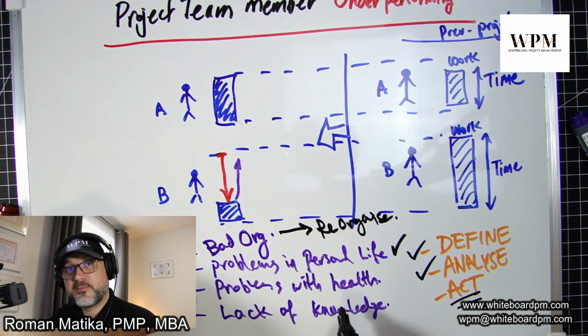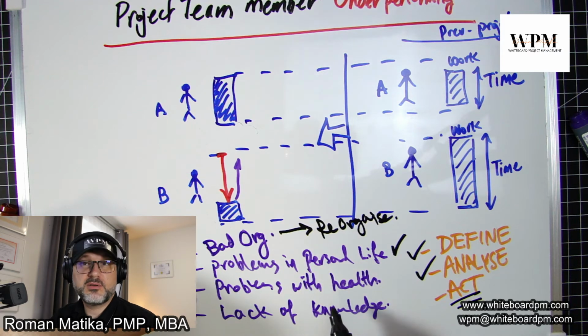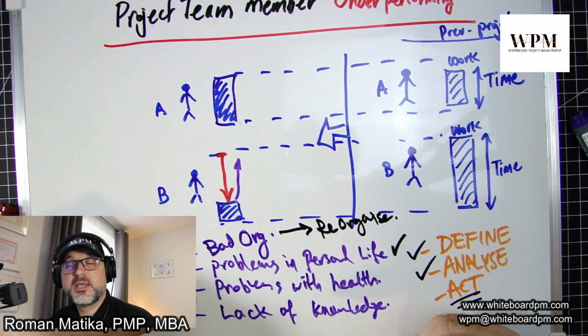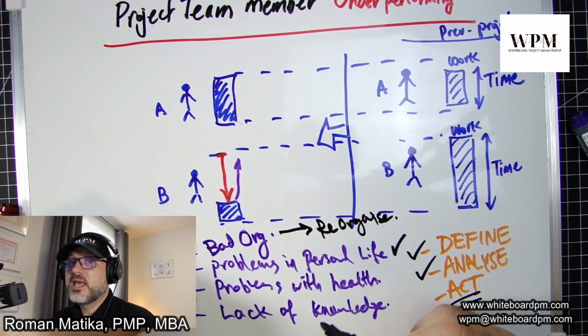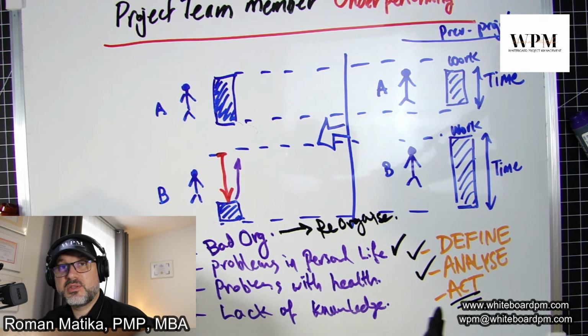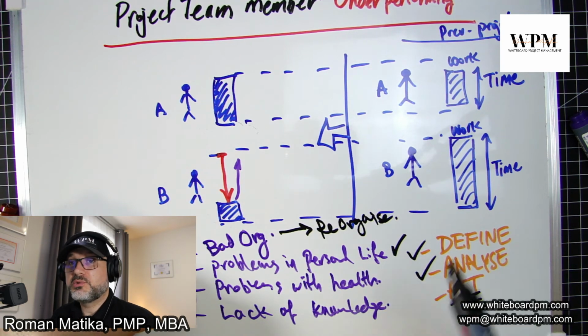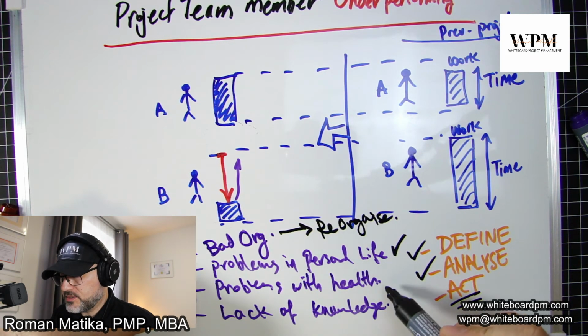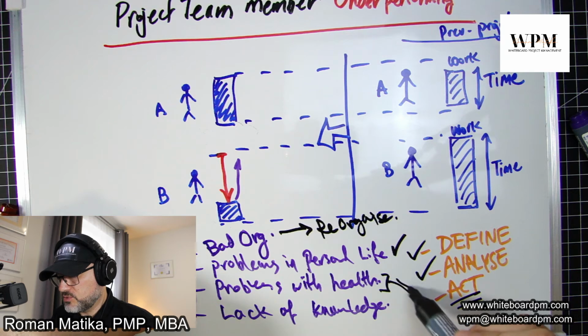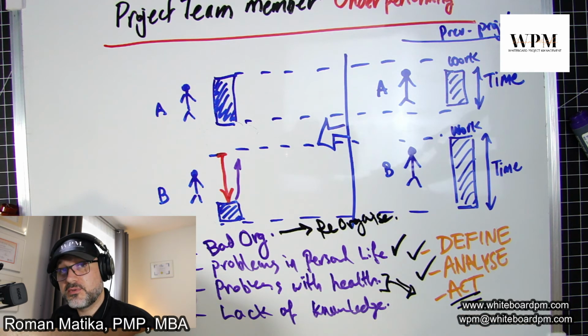Problems with health: in this case you cannot do anything. The only thing you can do is support him, understanding what he can do and what he cannot perform, and if you assist him during his crisis, you can withdraw some scope and reschedule this scope to somebody else who can do it until this person recovers from his health problems.